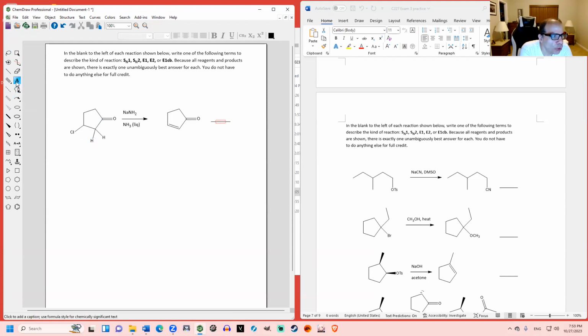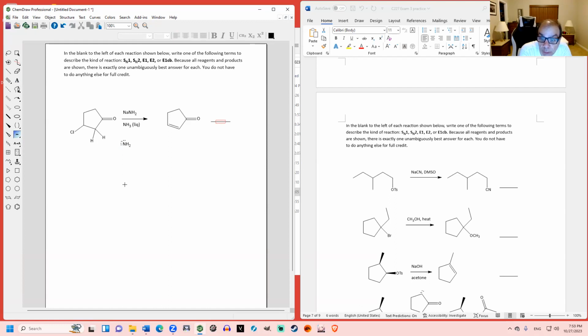And we're given a strong base. NaNH2 means NH2 minus. So that's the conjugate base of ammonia.